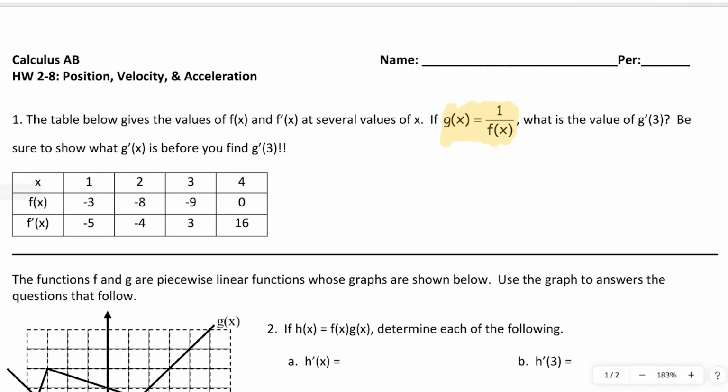But when we have a generic function like this, we want to be careful about trying to differentiate this as though it was f of x to the negative first power, which it is. But this is actually a composite function. We have a function plugged inside of another function. And we haven't yet gone over exactly how those derivatives are going to work.